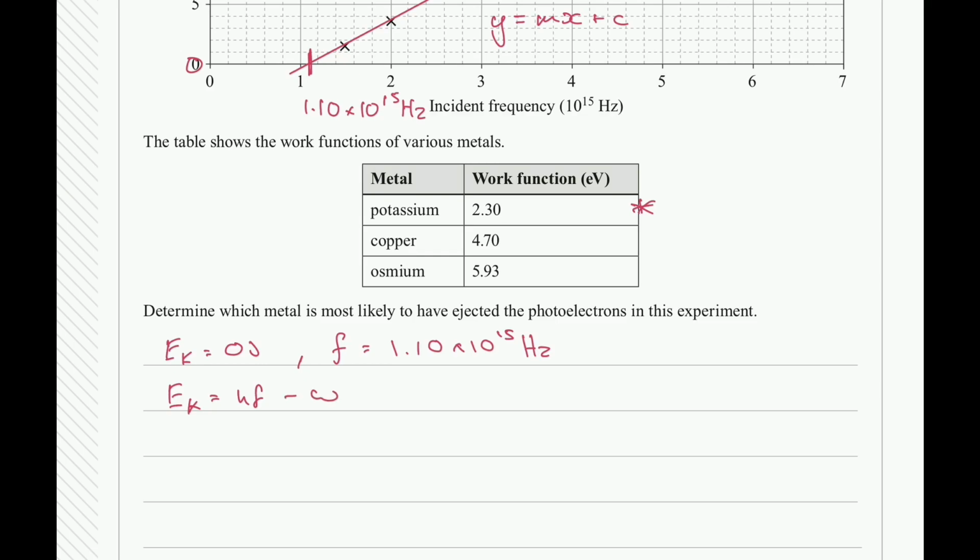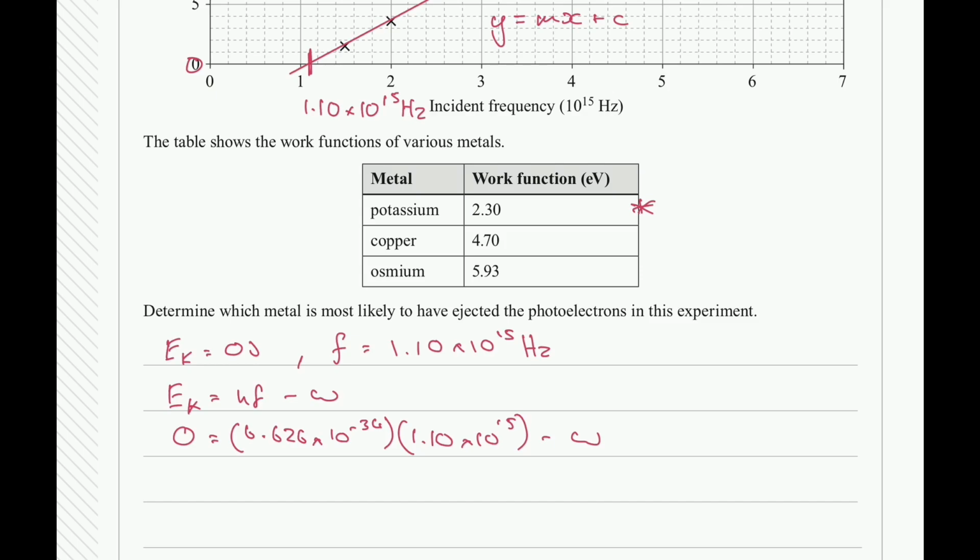The reason we're choosing 1.1 is that at EK of 0, we have HF equal to W. Planck's constant is 6.626 times 10 to the negative 34, which is in your formula book, multiplied by our frequency, 1.10 times 10 to the 15, minus W, our work function.